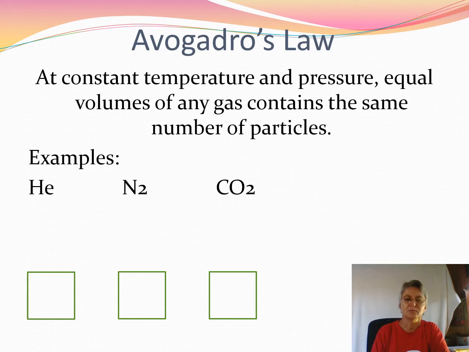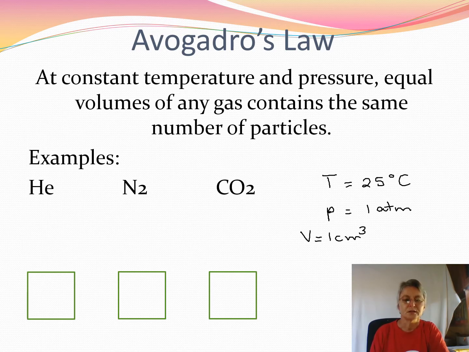Let's say that the temperature is 25 degrees Celsius and the pressure is 1 atmosphere, 101.3 kilopascals. And let's say that we've got 1 cubic centimeter of each gas.